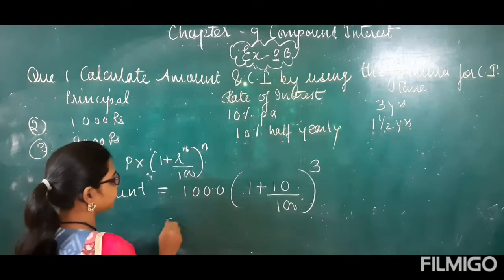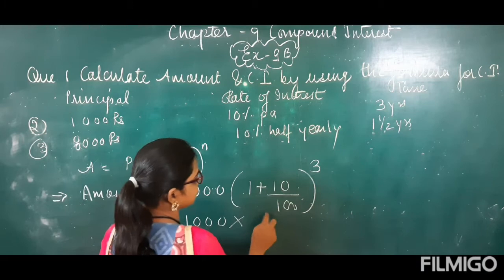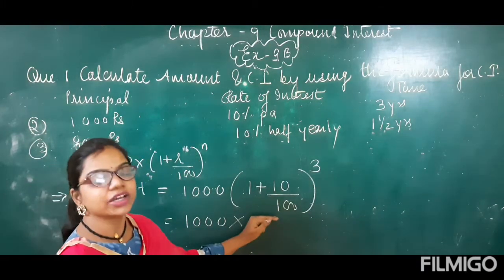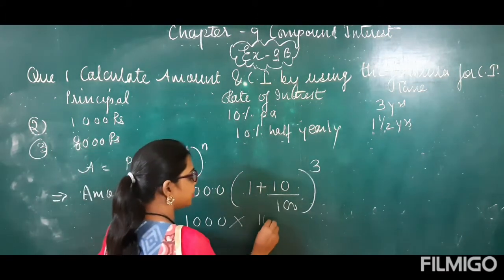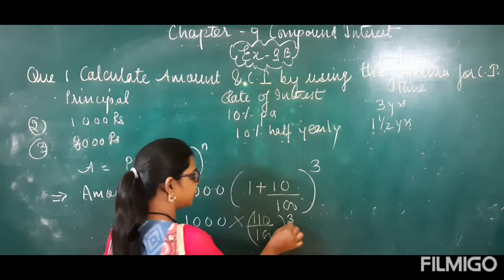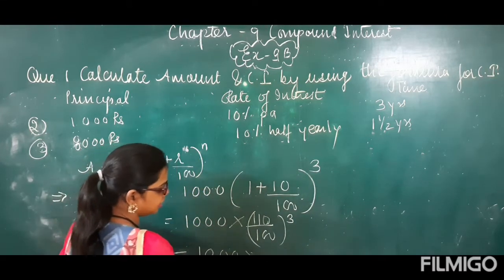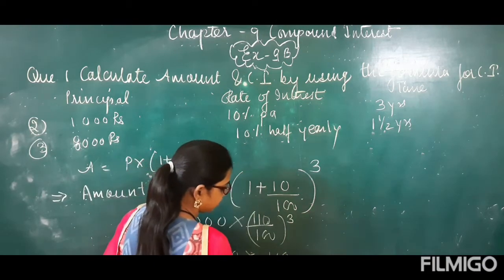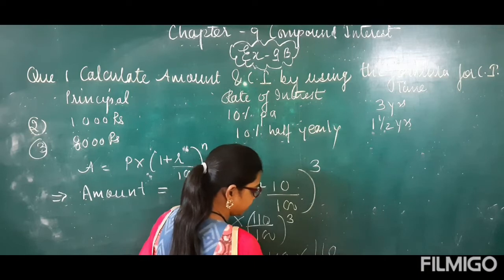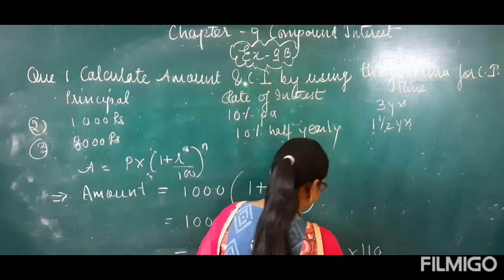So from here, 1000 into, if I take the LCM, it will be 110 upon 100 to the power 3. Now 1000 into 110 upon 100, into 110 upon 100, into 110 upon 100.